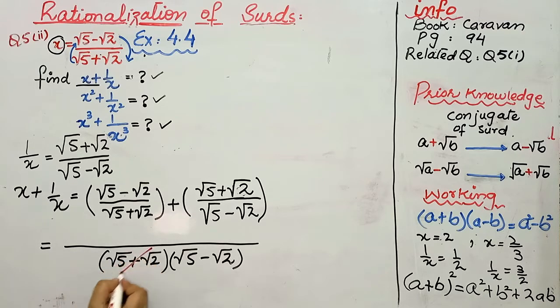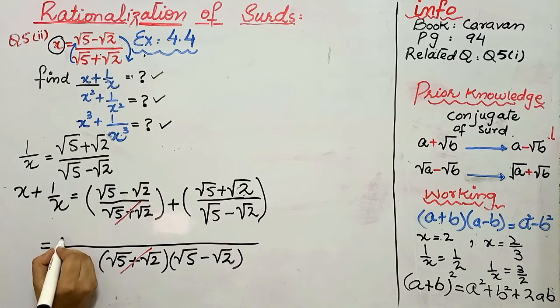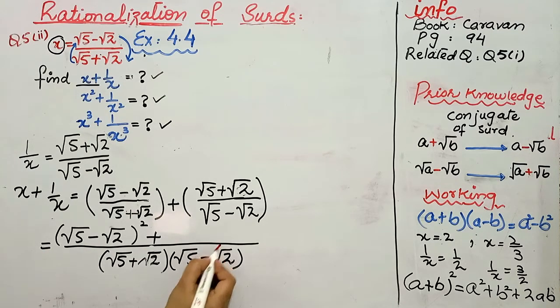Here the same will be cancelled, meaning this one will multiply with the numerator. Now the same will be cancelled in this fraction, remaining will be this and this will be multiplied.